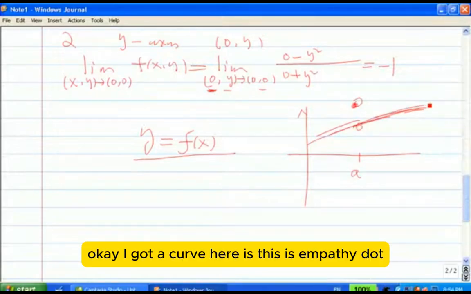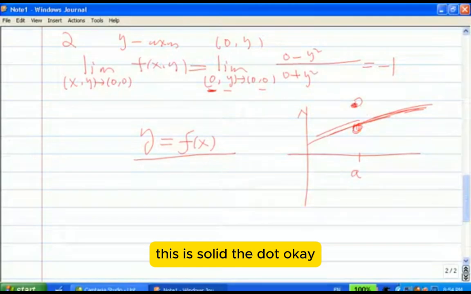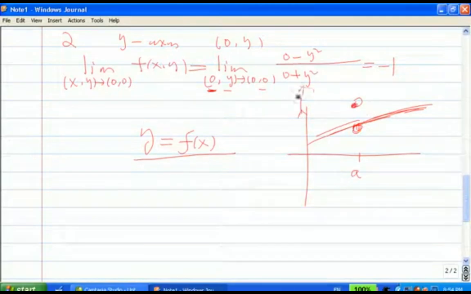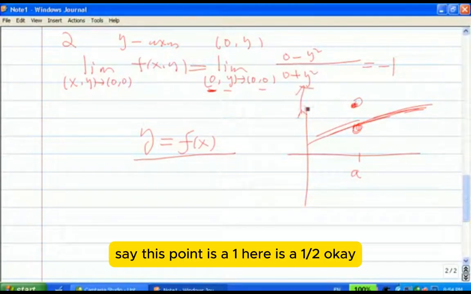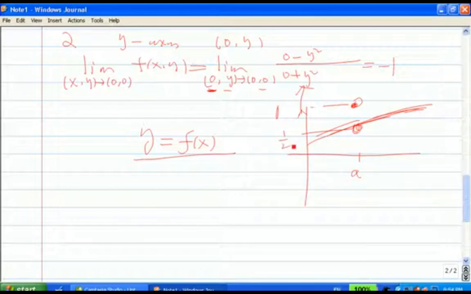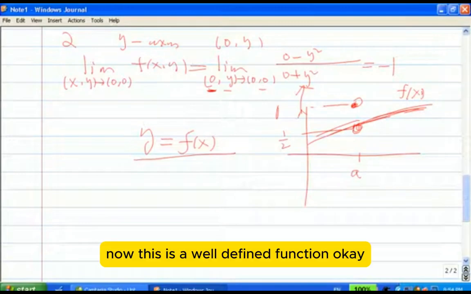I got a curve here. This is an empty dot. This is a solid dot. Say this point is 1. Here is 1/2. Now, if this is my function f(x), this is a well-defined function.